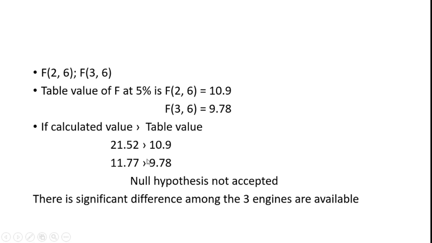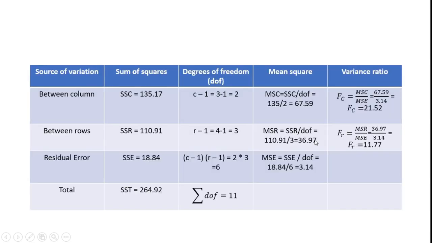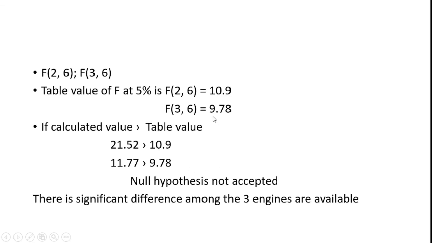Similarly, I compare the row value. For rows, 11.17 is available. The corresponding table value for 3, 6, I found as 9.78. I compare the calculated value and the table value for rows also. I can see the calculated value is greater than the table value.